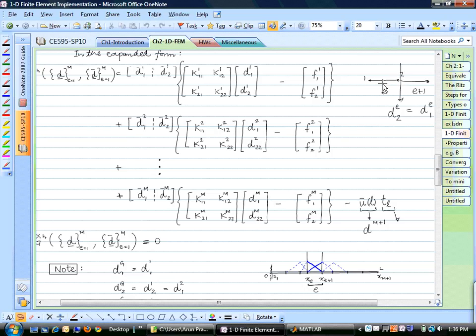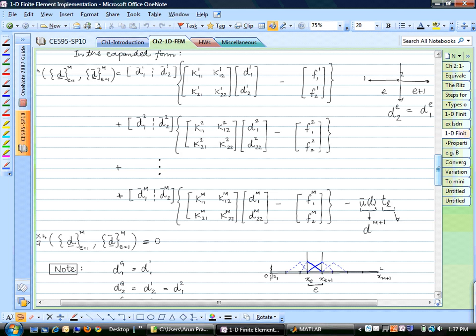So the degree of freedom 2 from this element is equal to the degree of freedom 1 from this element. So when you take that into account, you can say that this is equal to this, and this is equal to the degree of freedom 1 from element 3, and so on.